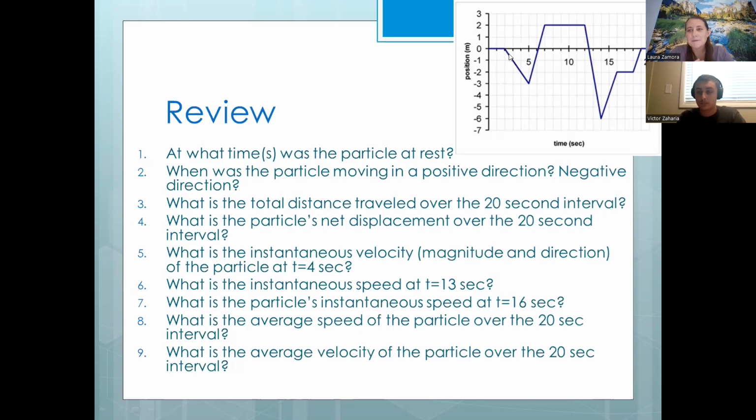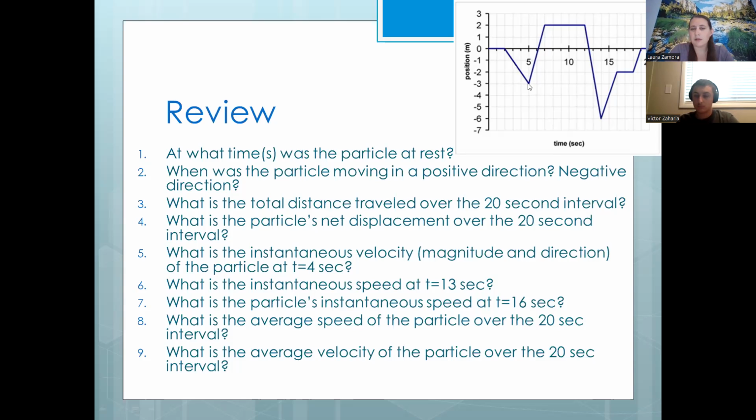Right. So this graph might not be the most realistic. What we would actually see is more of a curve here at these junction points. And that would show us that at that particular instant, so t equals 5, t equals 14, when we're changing direction, the instantaneous velocity would be 0, right, at those particular instants.